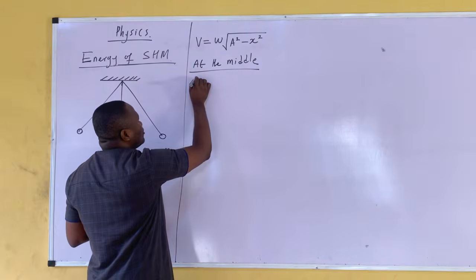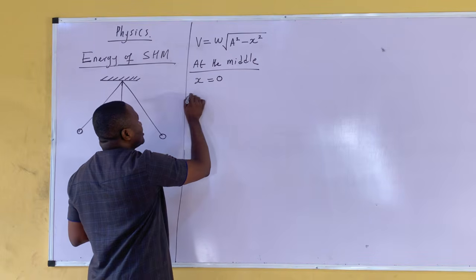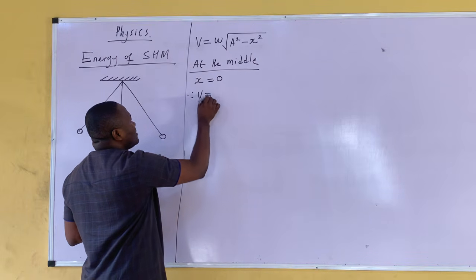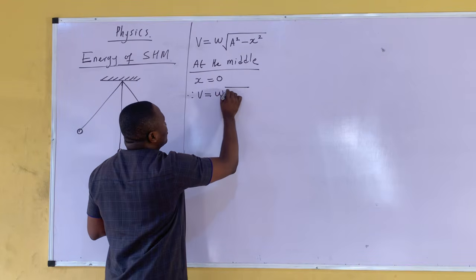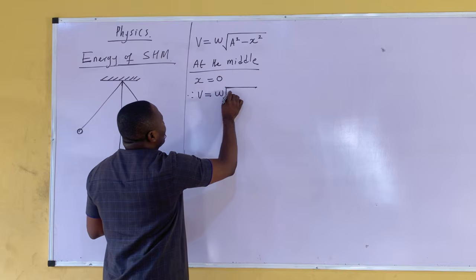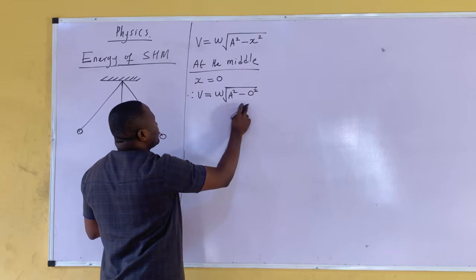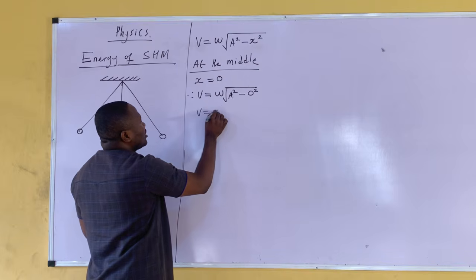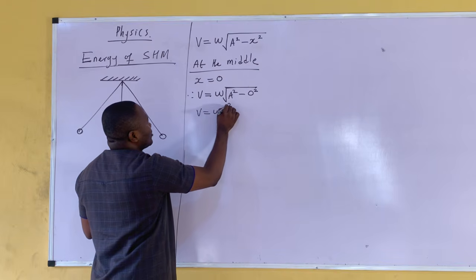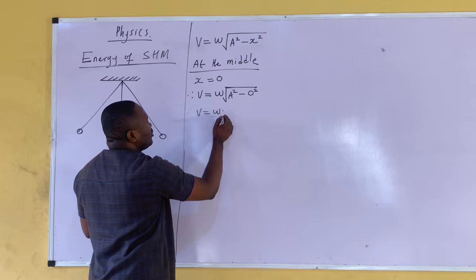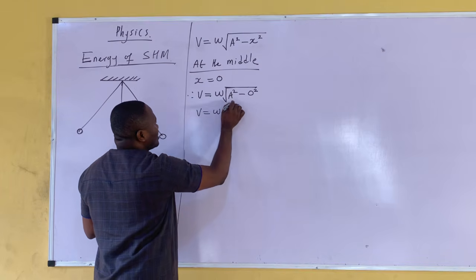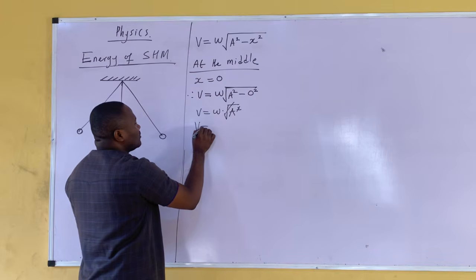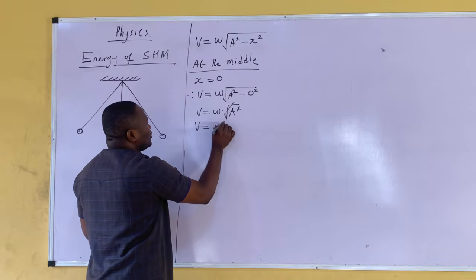So at the middle, x is equal to 0. Therefore, what is v? v is now equal to w square root of A square minus 0 square. This will now be v equals w times square root of A square. This cancels, so v equals wA.